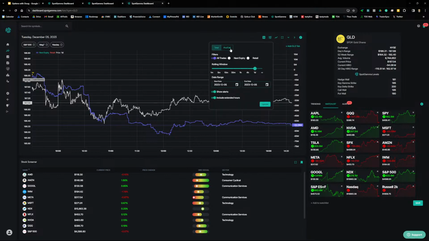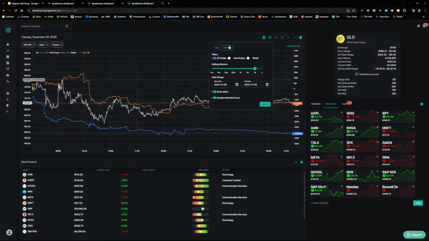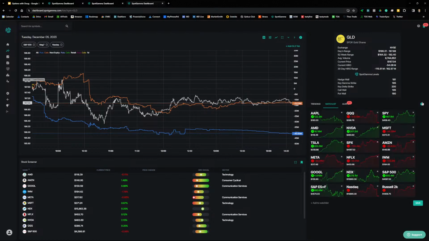Let's take a closer look and see what they're doing. So net for the day, they are selling calls and buying puts.